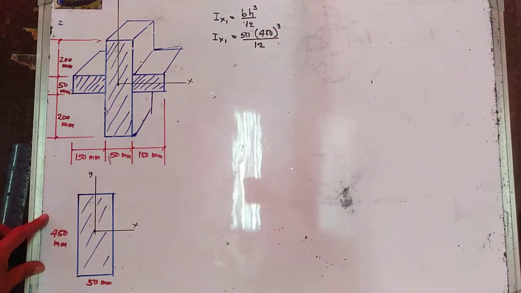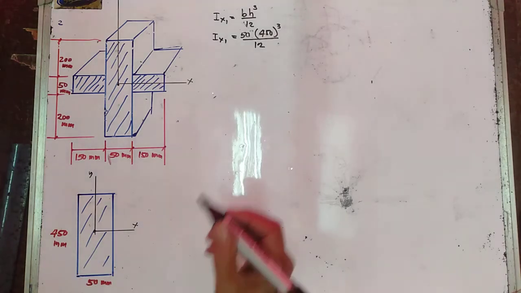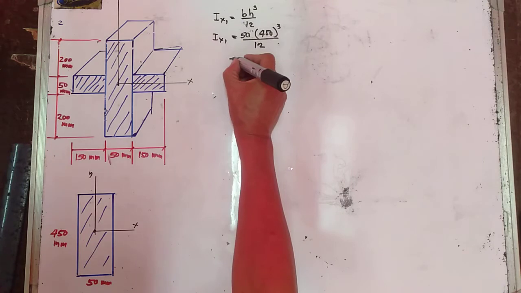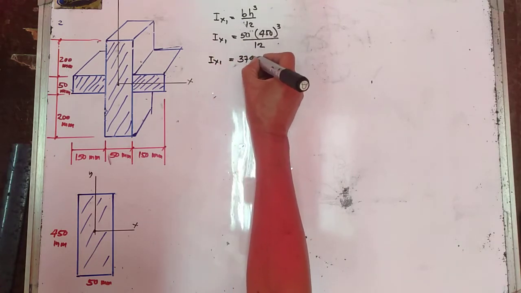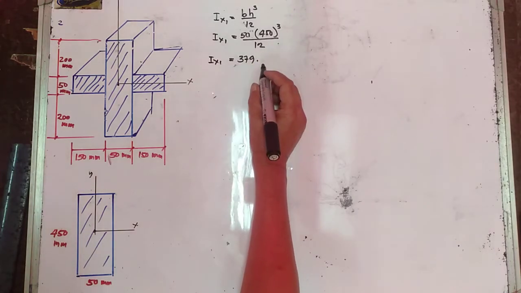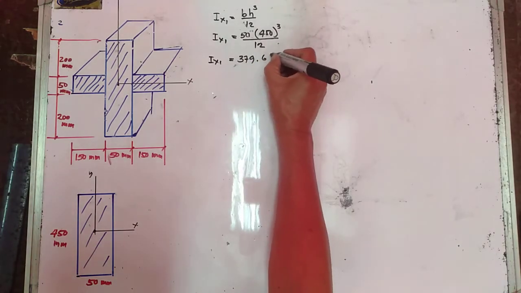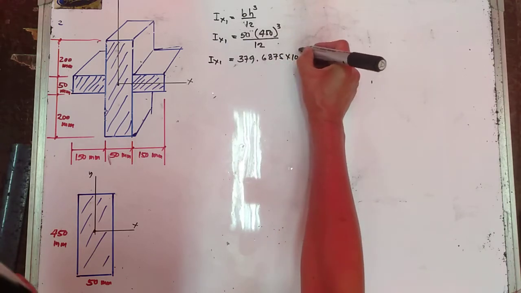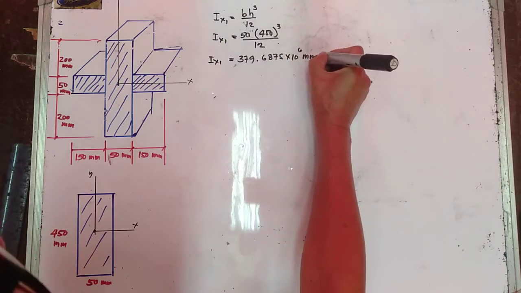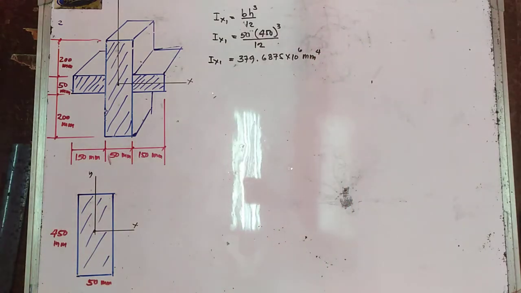So Ix1 is equal to 379.6875 times 10 to the 6 millimeter to the 4th.